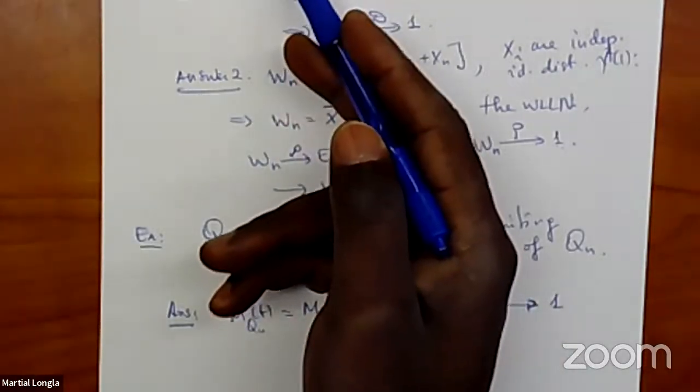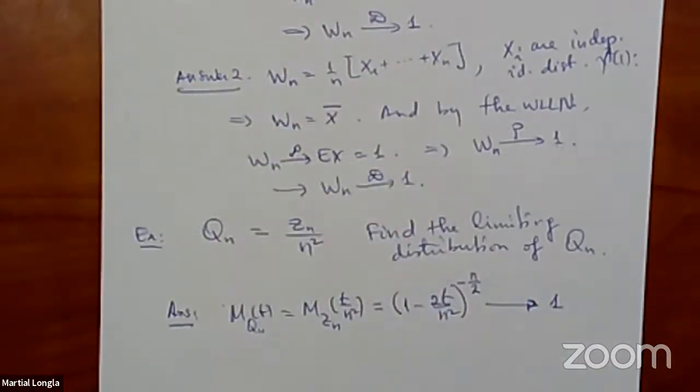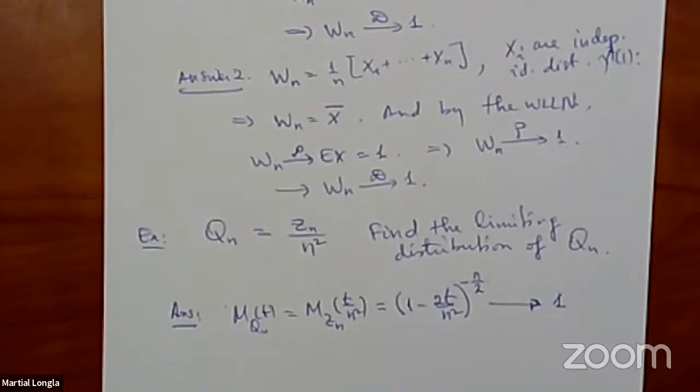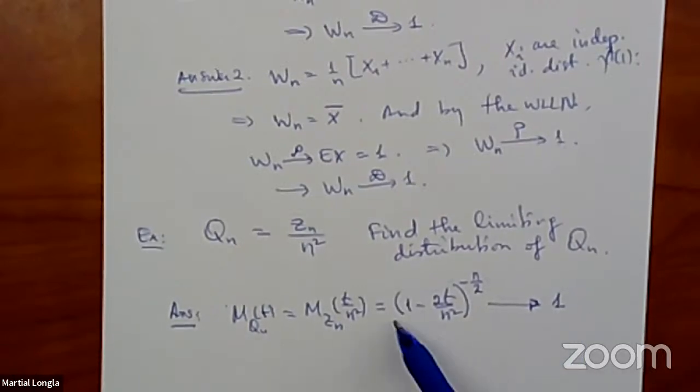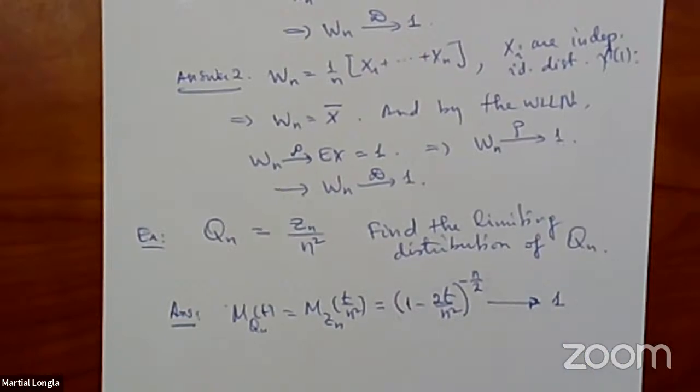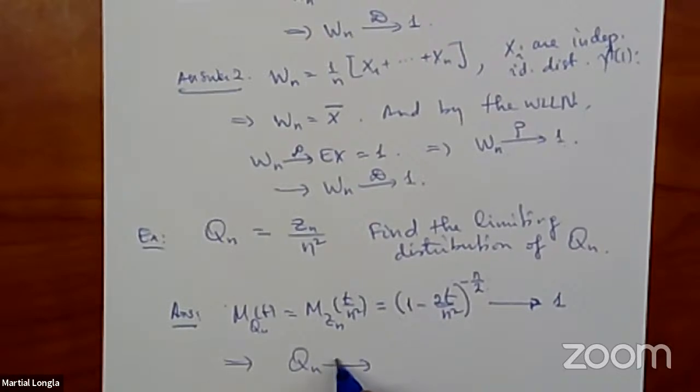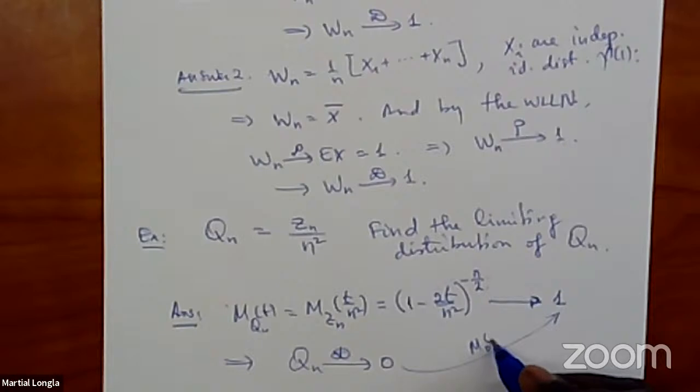If this was right there in front of me, I would say, as he's saying, 1 over n goes to 0, and Zn over n goes to 1, so it goes to 1 times 0 equals 0. That's it. Please, when you get home, check why this limit is equal to 1. Therefore, Qn converges in distribution to 0 because 0 is the only random variable with moment generating function equal to 1.